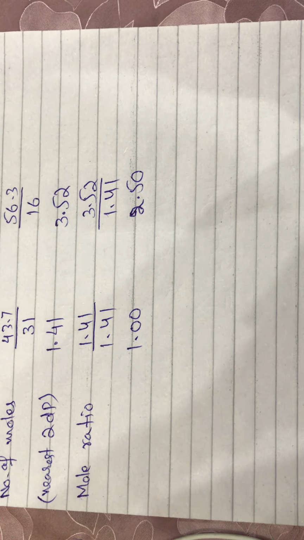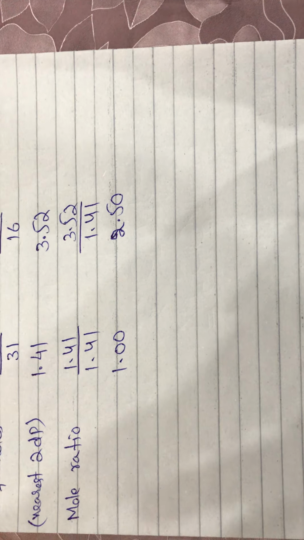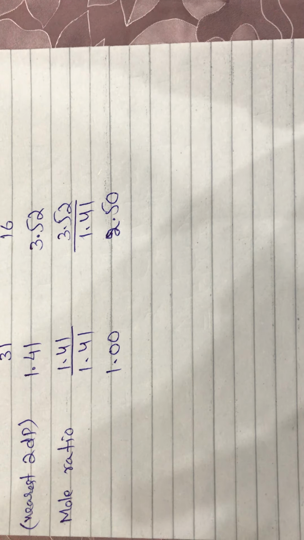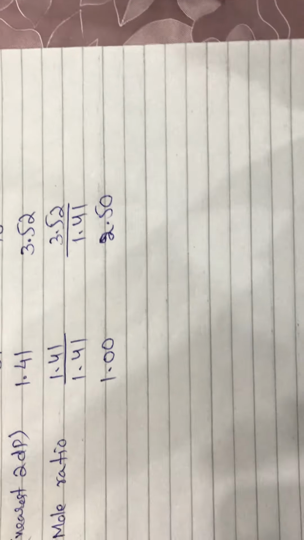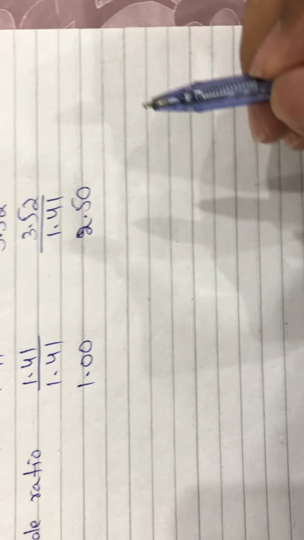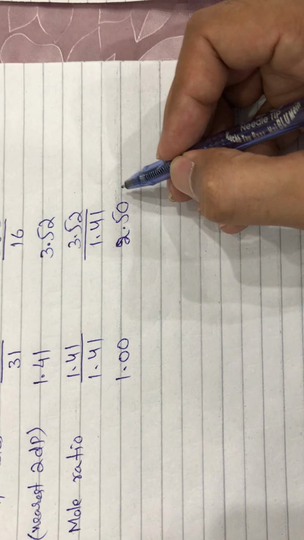This type of case we didn't discuss earlier. It is 2.5. We will not round it to the nearest whole number like 3. This would be the wrong practice. Now we will multiply these two values by a number that makes them whole numbers.